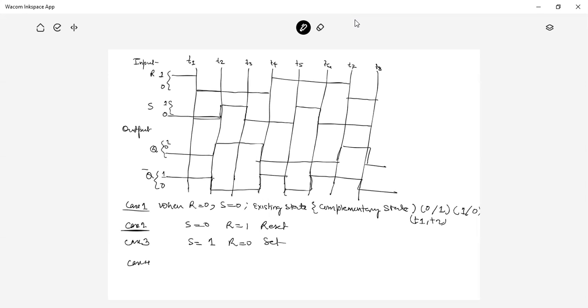And case 4, S is equal to 1, R is equal to 1. So unpredicted state. So these are the time graphs.